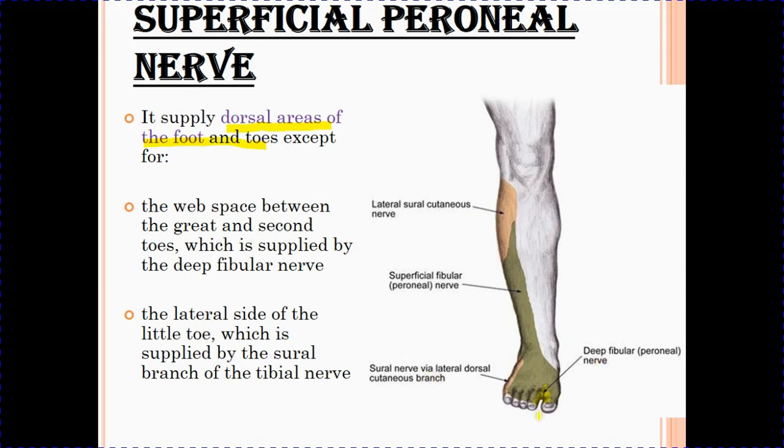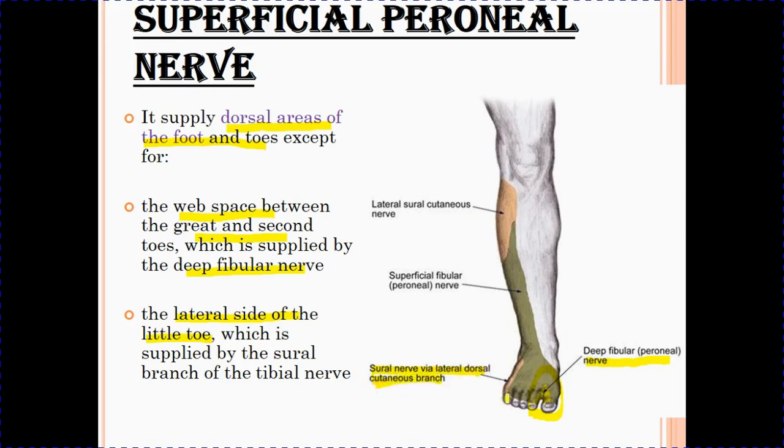except for the web space which is present between the great toe and the second toe, which is supplied by the deep fibular nerve. It supplies the lateral part of the leg as well as the dorsum of the foot, except the web space between the great and the second toe, which is supplied by the deep fibular nerve, as well as it does not supply the lateral side of the little toe, which is supplied by the sural nerve branch of the tibial nerve.